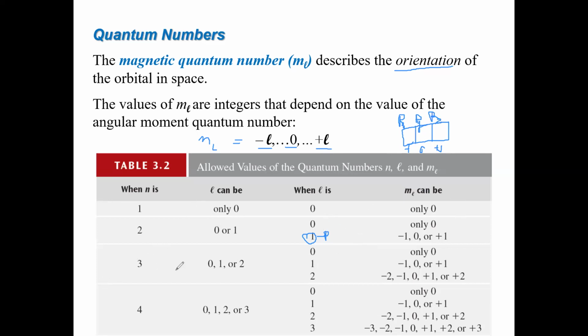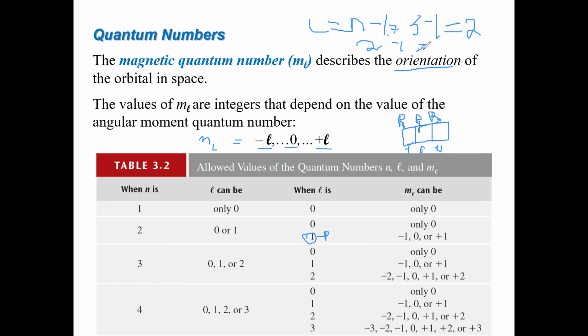Then when n is 3, remember from the formula, L is equal to n minus 1. Since n is 3, it is 3 minus 1, which is equal to 2. Then you take this 2 and say 2 minus 1, and you have 1.